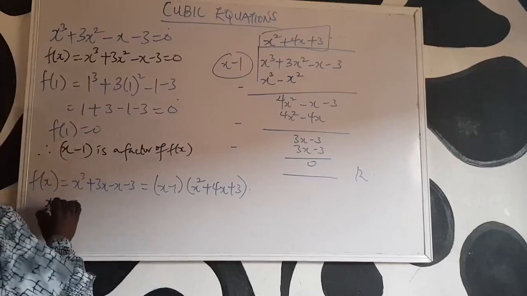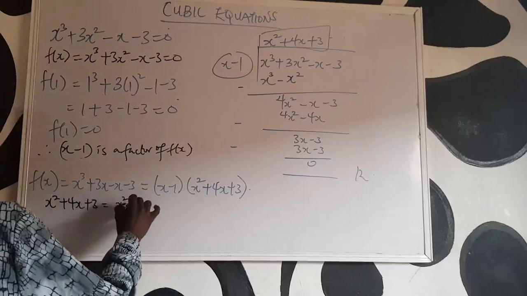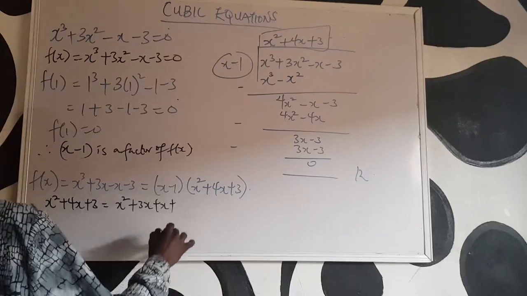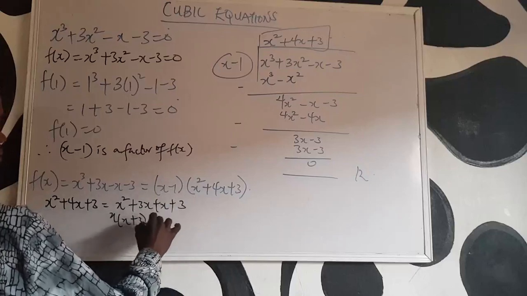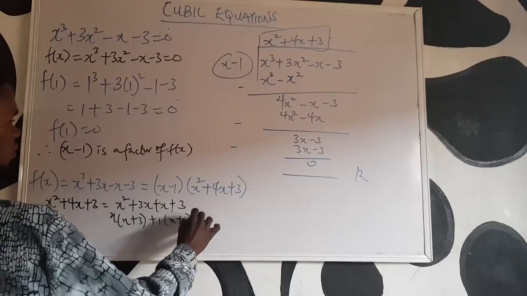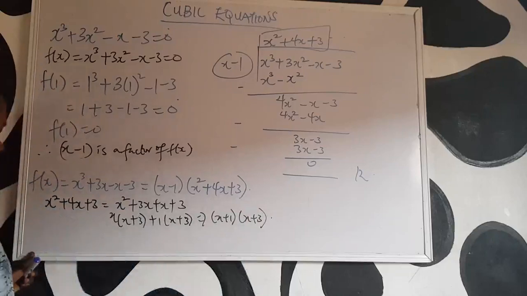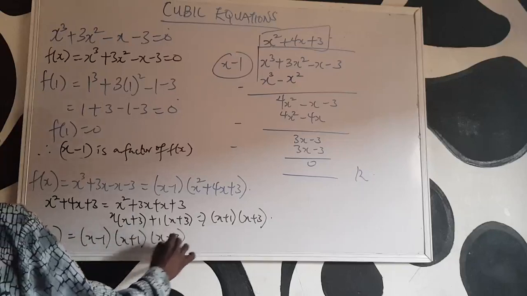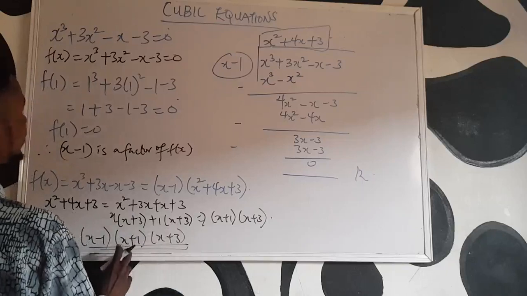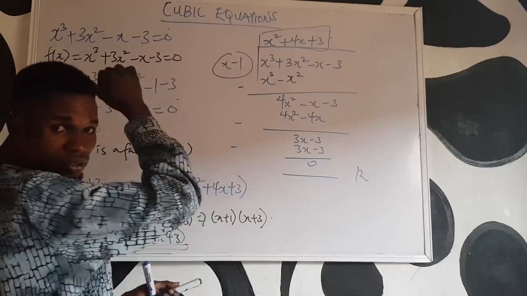The quadratic equation x squared plus 4x plus 3 is the same thing as x squared plus 3x plus x plus 3, which is x times x plus 3, plus 1 times x plus 3. So the factors are x plus 1 and x plus 3. So f of x is x minus 1, x plus 1, x plus 3. Definitely, if we expand this, we're going to get the cubic equation back.